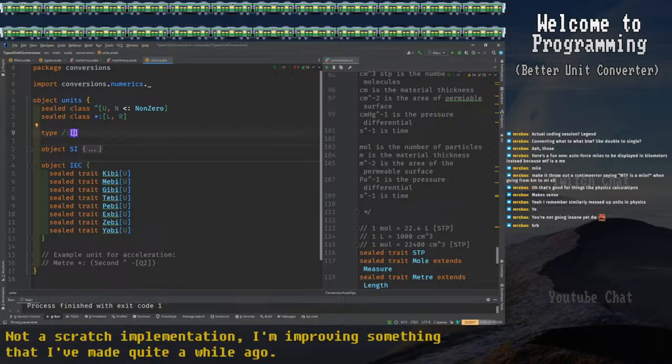Is division left or right associative? Division is left associative. Okay, so we actually want that. Okay, so I can make multiplication right associative. Good.